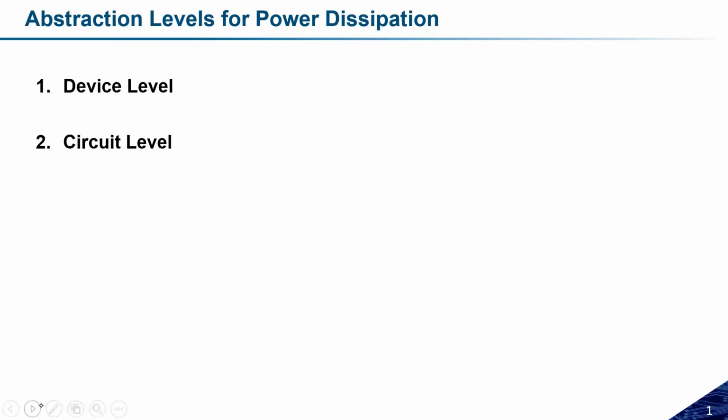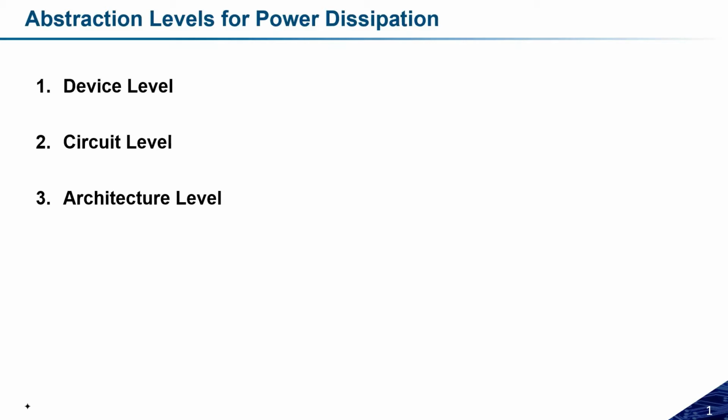Third one is the architecture level. If we talk about the architecture level, then the proper power management block is needed. Suppose I'm making some architecture for a particular application. In that case, other than the logic function, whatever we need, we also need a block that can manage or optimize the power utilization or power requirement in the chip.